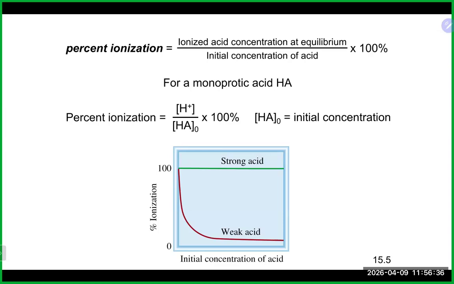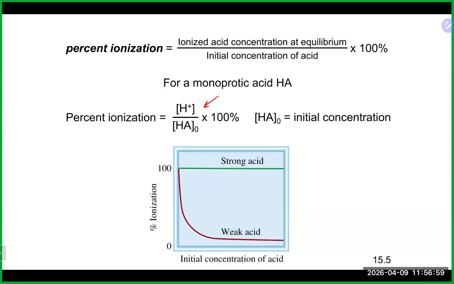It is essentially how we do our check when we do an assumption. If it's less than 5%, it's considered not that big of a deal. If it's greater than 5%, it is. So that is how we check our assumption, and that's also how you calculate percent ionization.